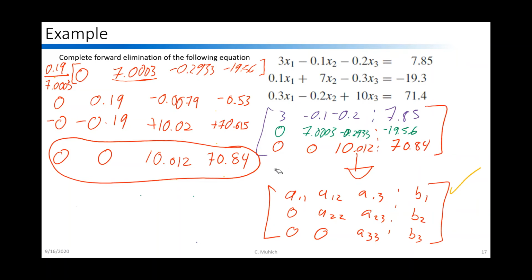Now let's look and see how we're doing. That first row is always good to go. The second row has a 0 in the first column. It's good. The third row has 2 zeros in the first 2 columns. It's good to go. So we now have a matrix that looks like our desired matrix, and we've completed forward elimination.